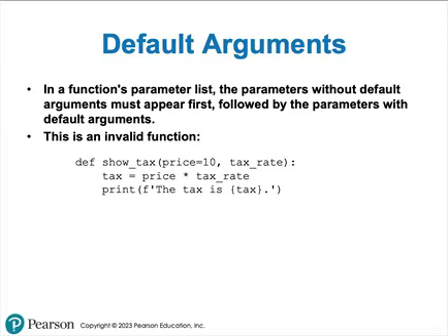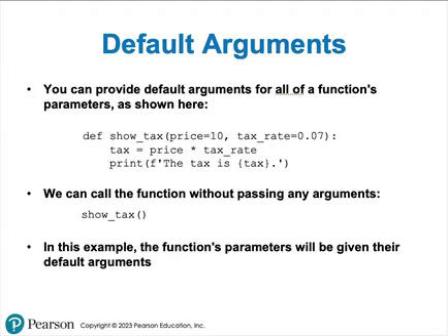Then after that, we can have keyword arguments to override, if you will, the default value. So here we actually have 2 things that are default. If we just called show tax, it's going to multiply 10 by 0.07 and say, okay, the tax on this item is 70 cents.